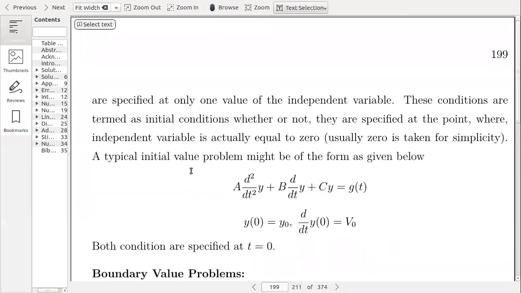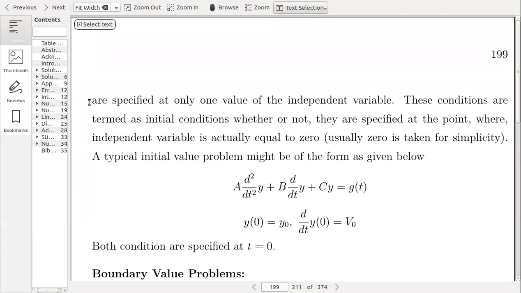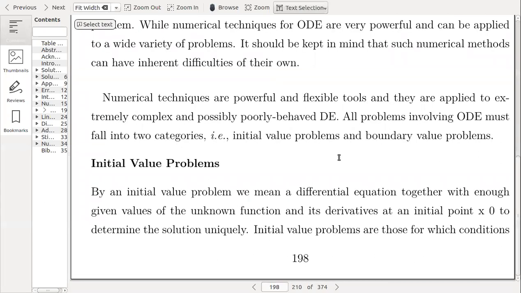If the differential equation is given in y and x variables, normally we consider the y variable as the dependent variable and x as the independent variable. So it is easy to understand.